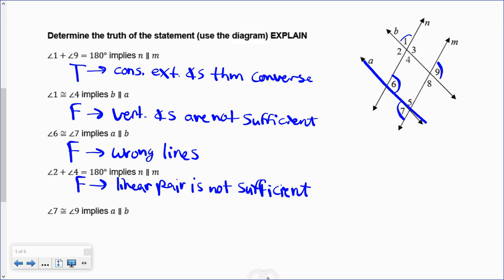Alright, what about this last one? 7 being congruent to 9 implies that A is parallel to B. Why would that be true? Alternate exterior. Yes.